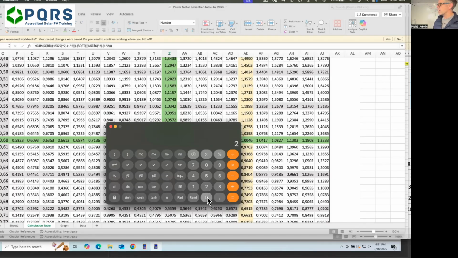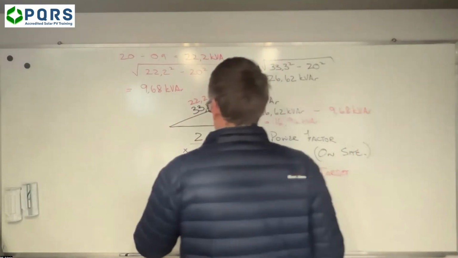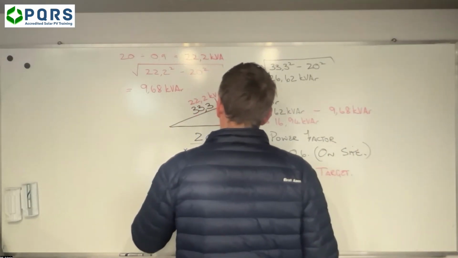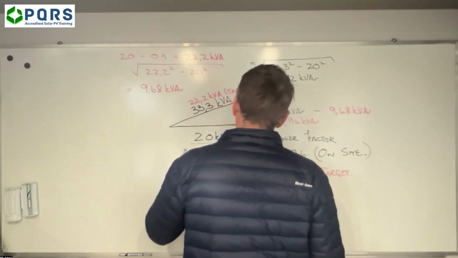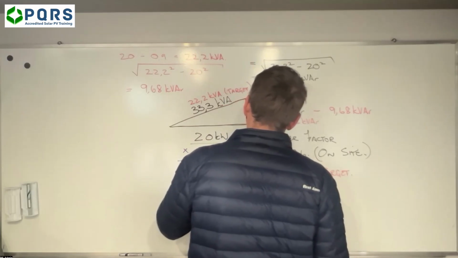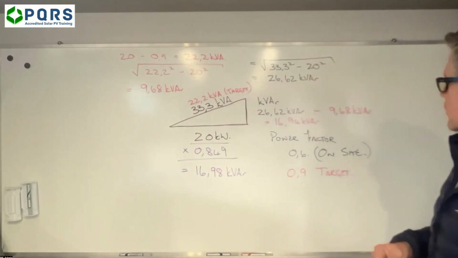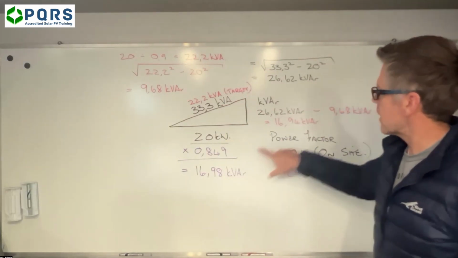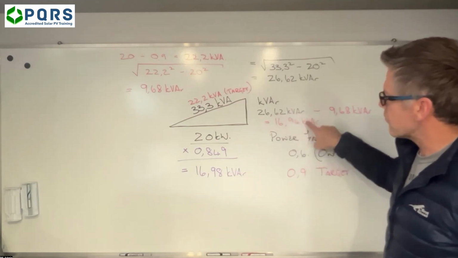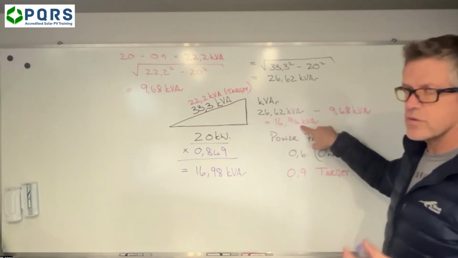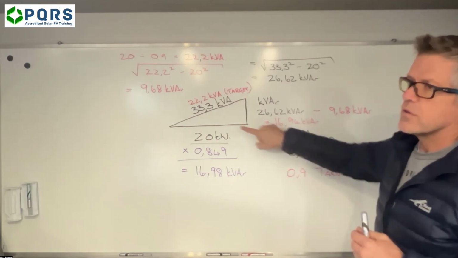So 20 times 0.849 equals 16.98 kVAr, which is the same as the value we calculated using the long method.